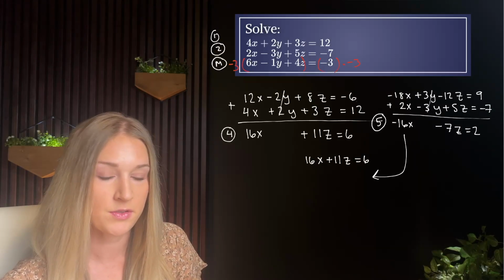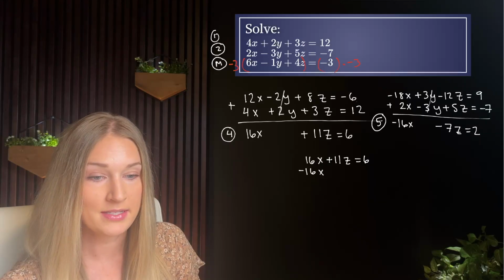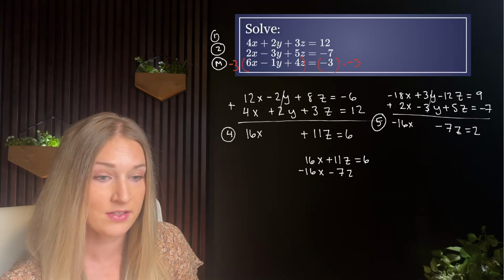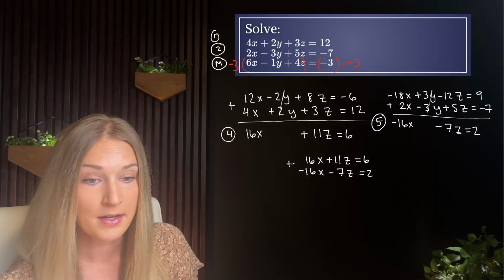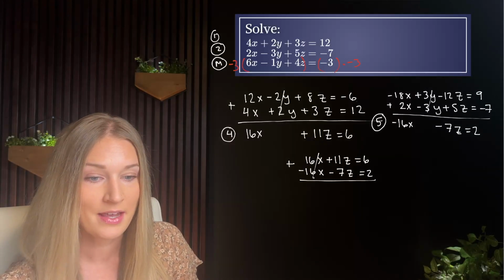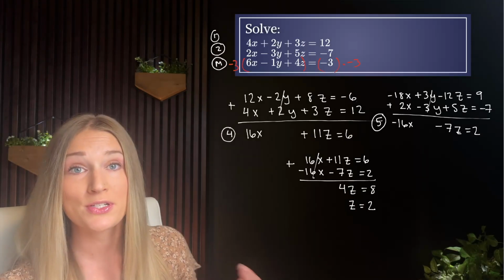And notice that I already have additive inverses. So I really don't need to do anything but combine these 2 equations and solve. 4z equals 8, which means that z is 2. So now we just work our way back up.